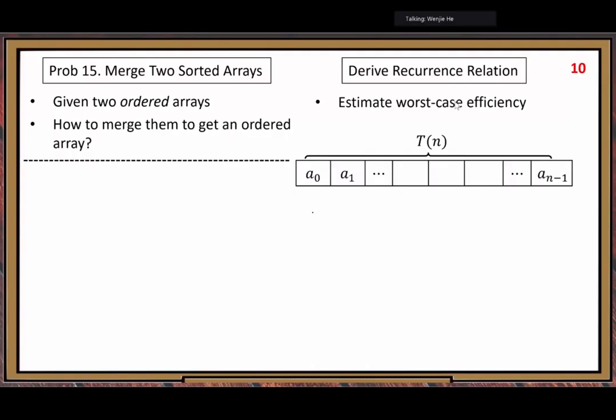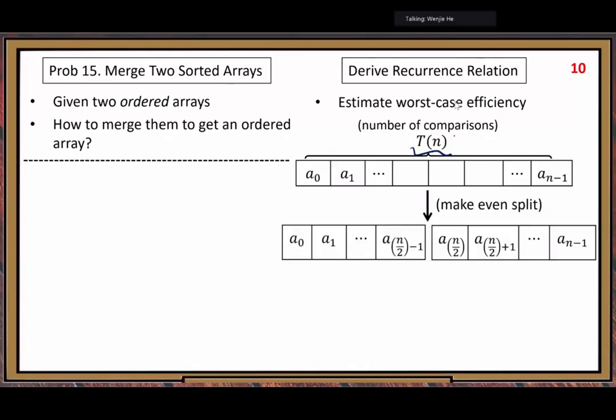In the worst case, each merge uses the worst case formula. Let capital T be the function for the number of comparisons. Then we make an even split, so each subarray is about half of the data size. So here we use T of n over 2.